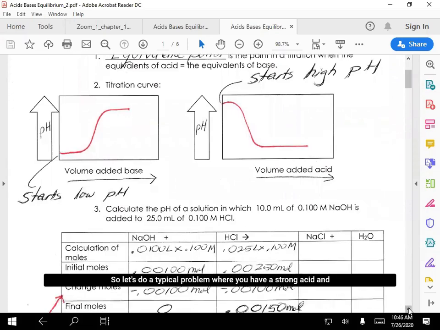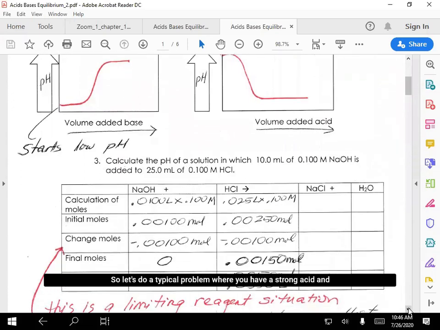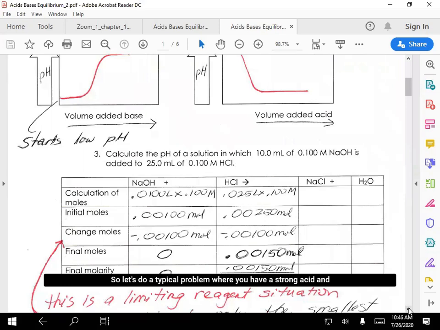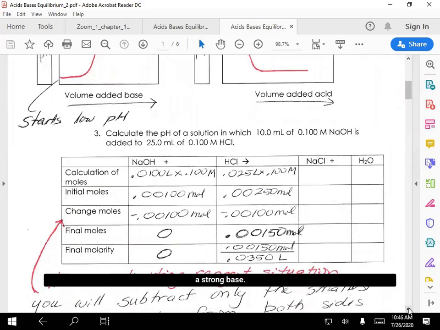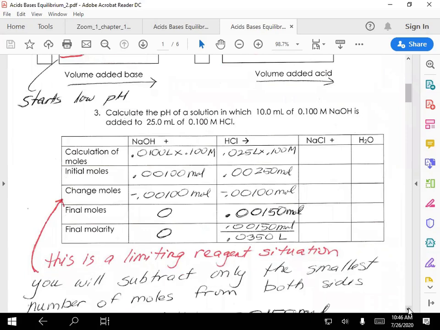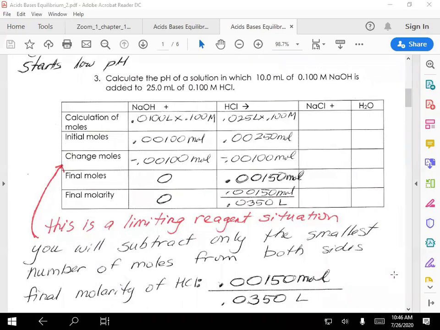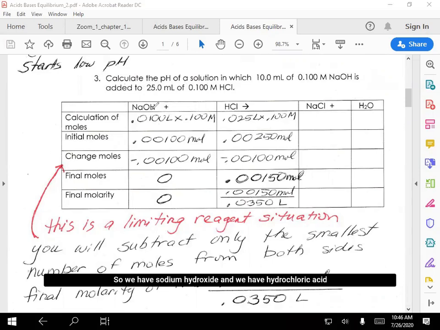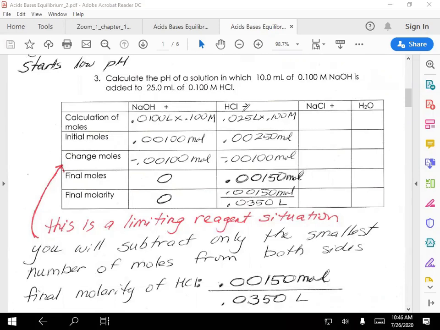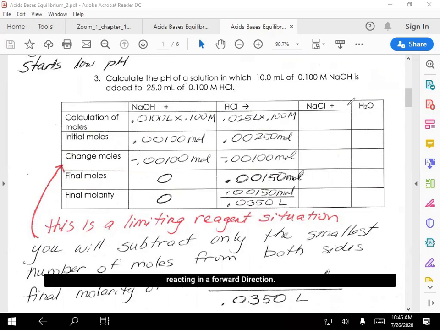So let's do a typical problem where you have a strong acid and a strong base. So we have sodium hydroxide and we have hydrochloric acid reacting in a forward direction. And in this situation, we will need to calculate the moles.